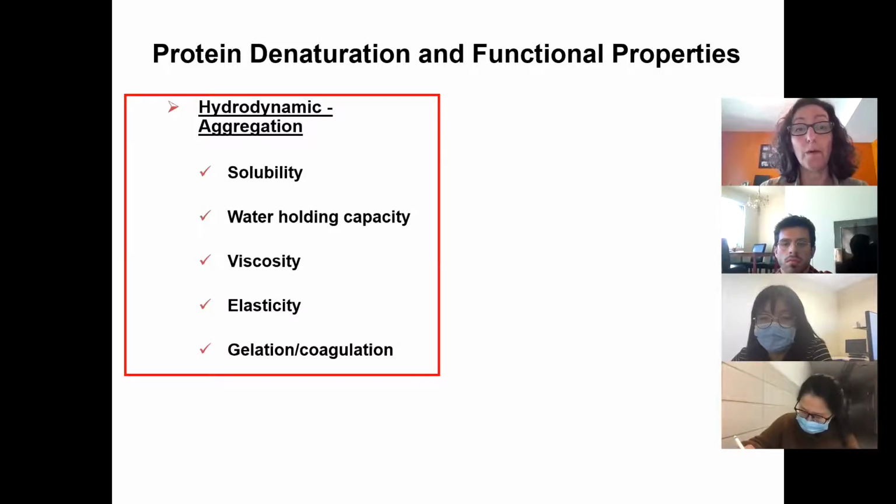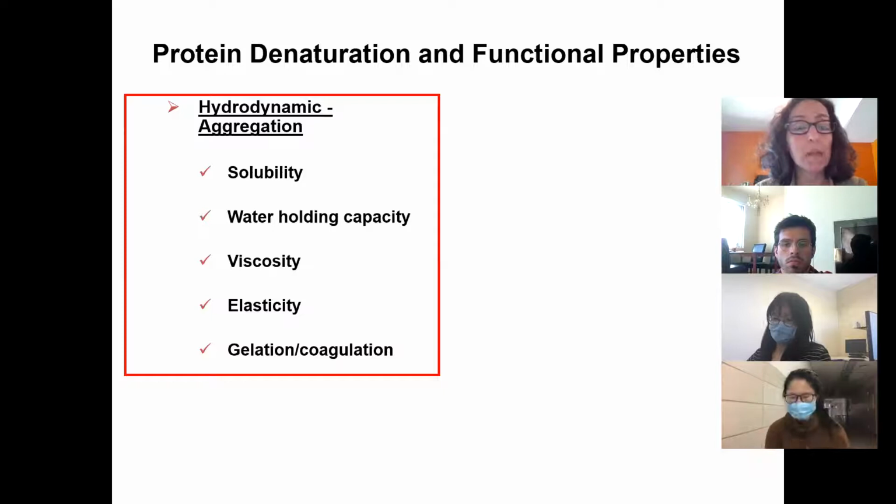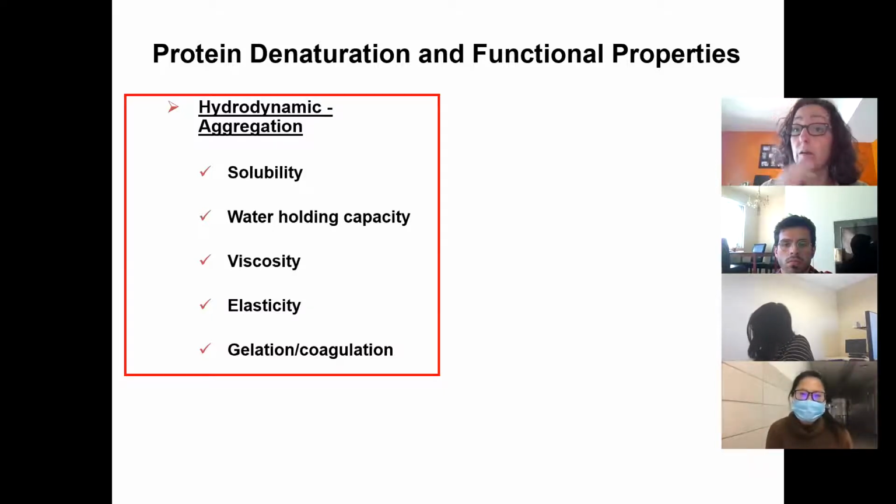And then when we talk about water holding capacity, the water is entrapped within a three-dimensional network, which is the gel. So there is water interacting as well with the protein, but by physical means, being entrapped. Viscosity, you have water-protein-water interaction.